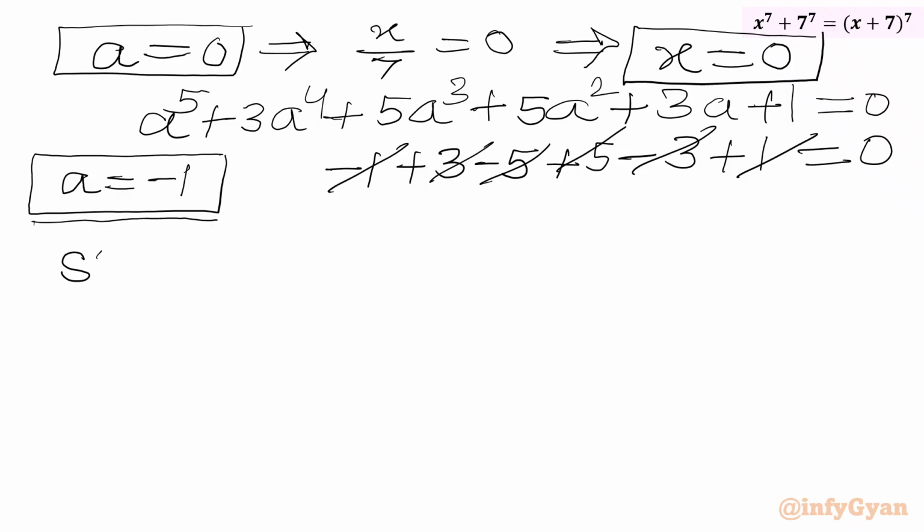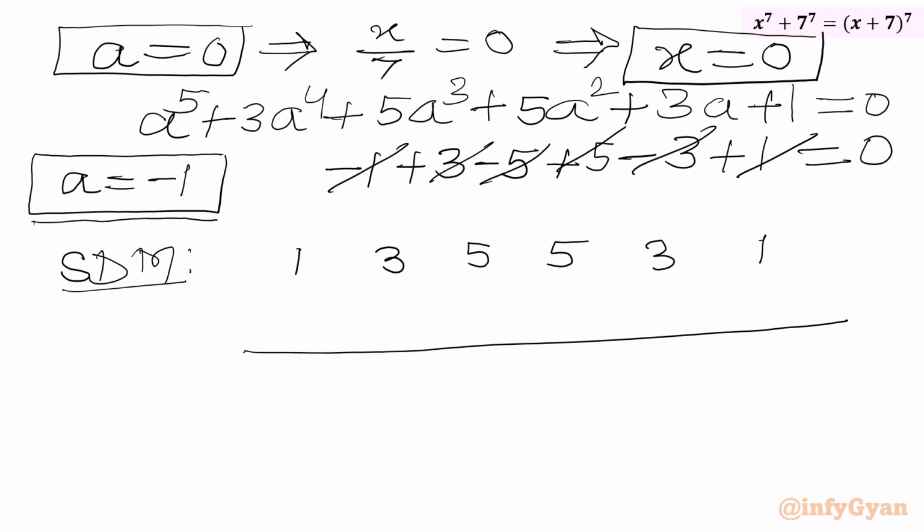Now we will use the synthetic division method. Here we will write all the coefficients of the quintic equation. So I need to write 1, 3, 5, 5, 3, 1. Then we will bring down our leading coefficient 1 as it is.